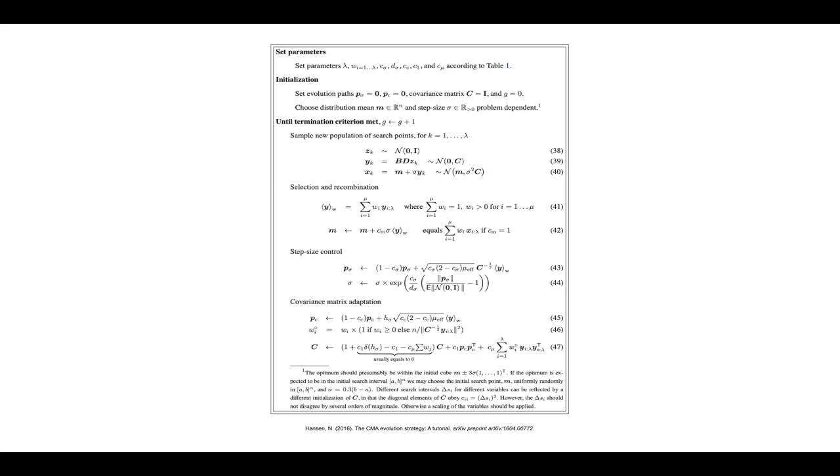You might remember from part 2 that we specifically talked about separating the step size from the covariance matrix, such that now we have 2 components for the covariance part of the multivariate normal distribution. One is the quote-unquote normalized covariance matrix, which is labeled as capital C, and henceforth simply referred to as the covariance matrix. And the other is the scaling scalar, which is labeled as small sigma, and referred to as the step size. And we also discussed the motivations behind this separation.